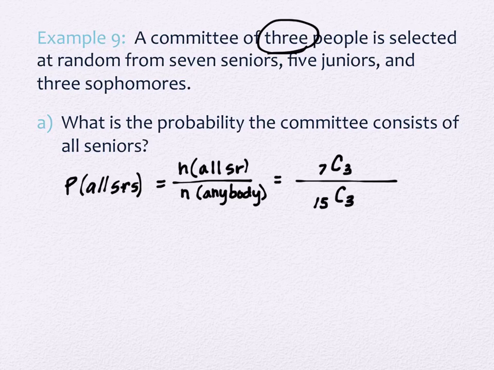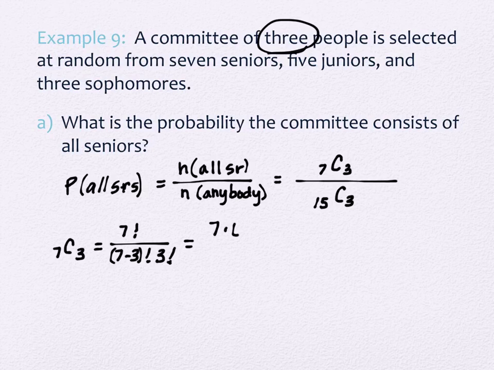Everybody understand where the 15 and the 7 came from? Okay, good deal. So we're going to calculate 7C3. So how does that work? What do I get? Okay, 7 minus 3 is obviously 4.